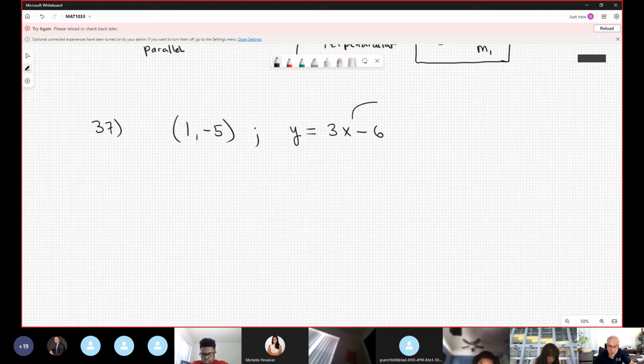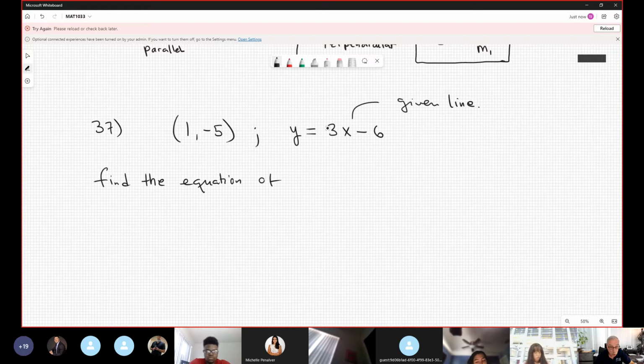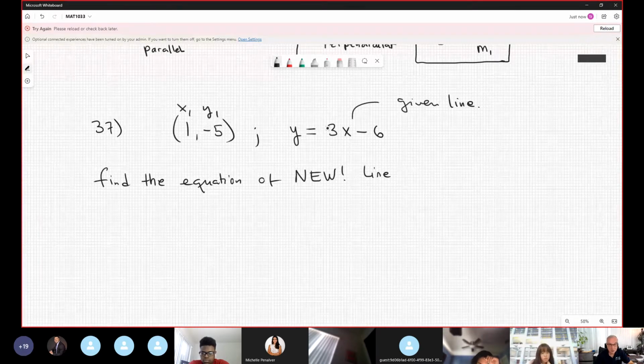This is the given line, but the problem says find the equation of a new line that satisfies this condition. What condition? Passing through this point and parallel to this line. Make sense? Yes.